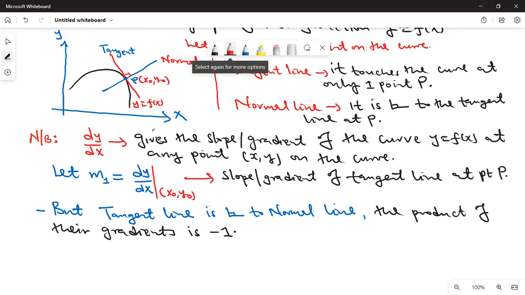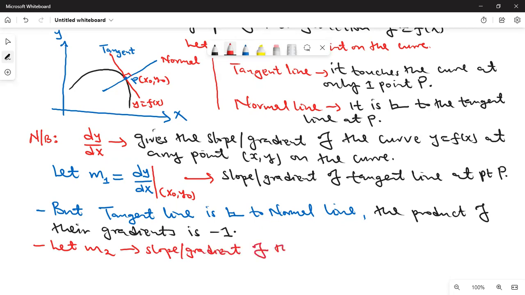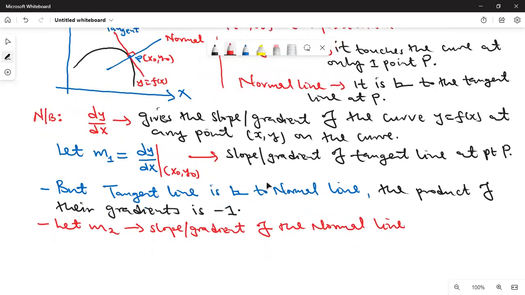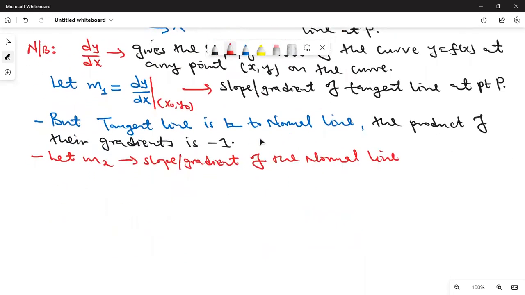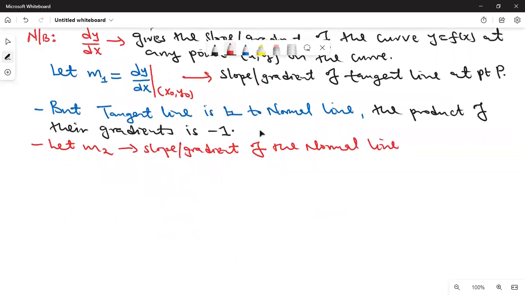So if we let m2 be the slope or gradient of the normal line, then what can we say? You already know the gradient of the tangent line, which is m1. And now we are saying the slope of the normal line is m2. And the two lines are perpendicular.